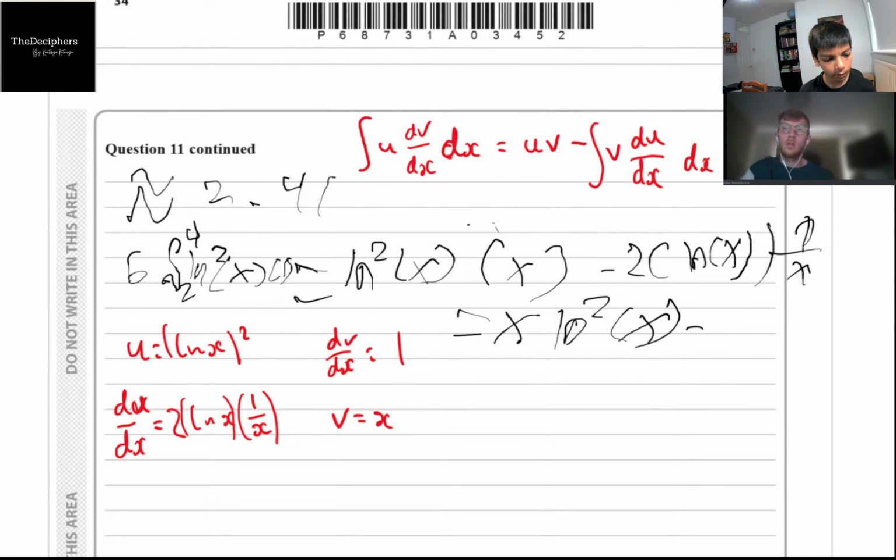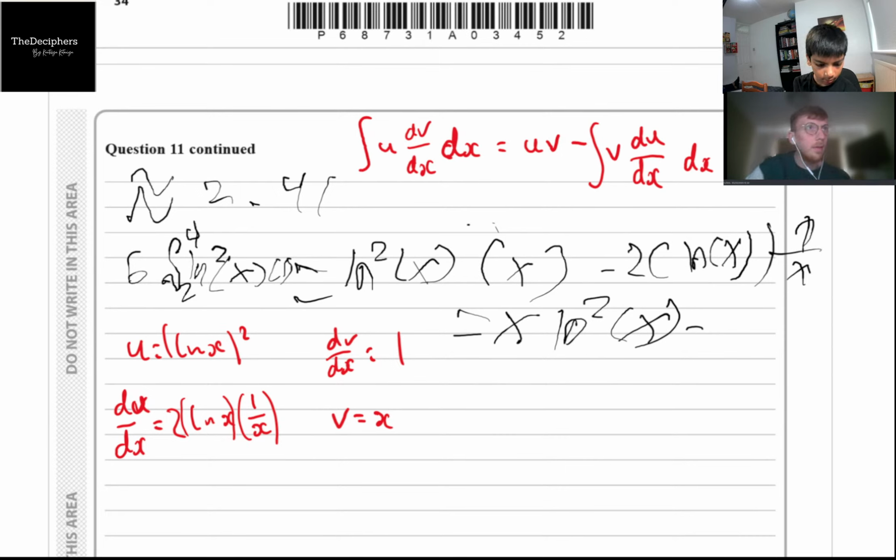So it's by v. So dv dx is 1. So v is, so if dv dx is 1, then that means that v is x.